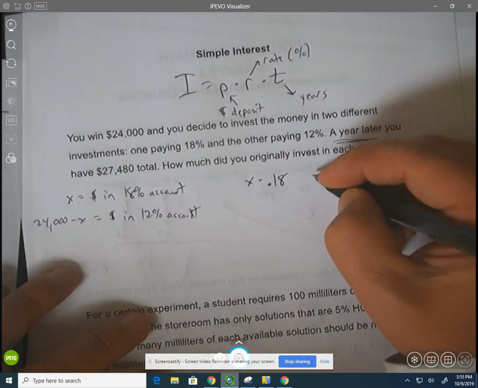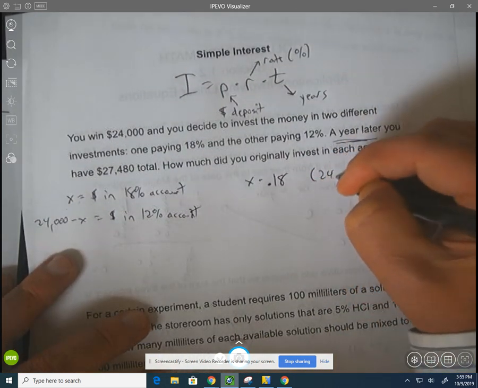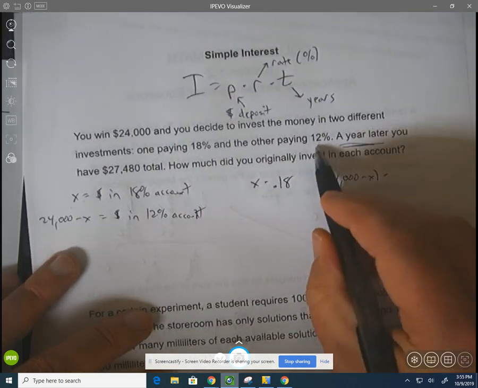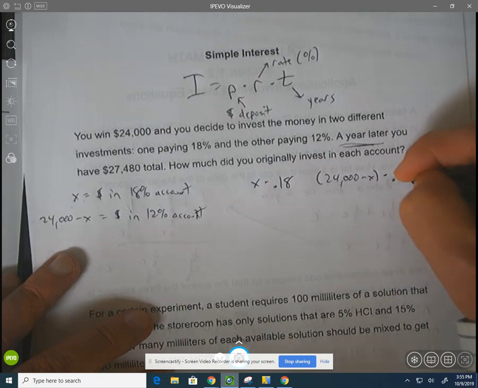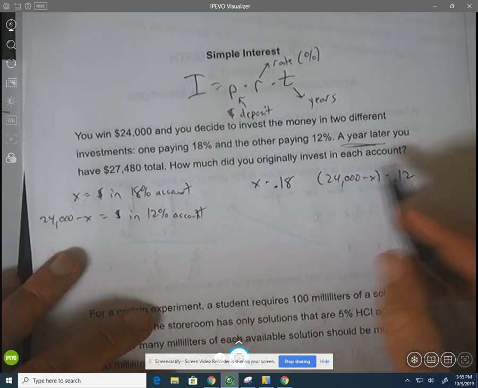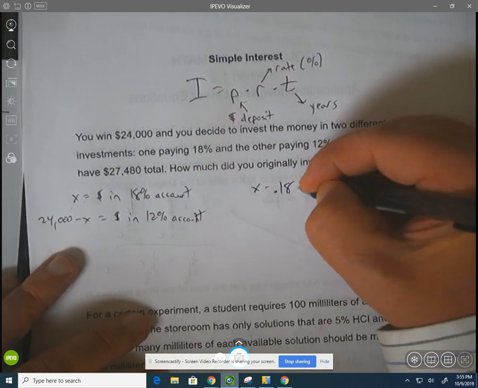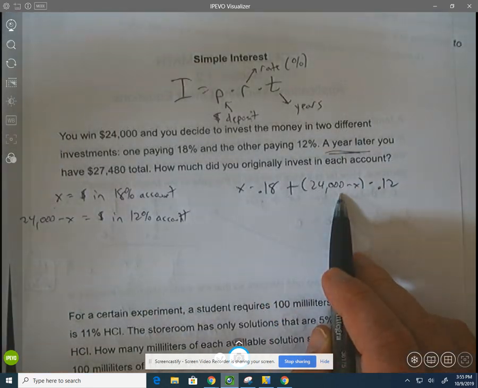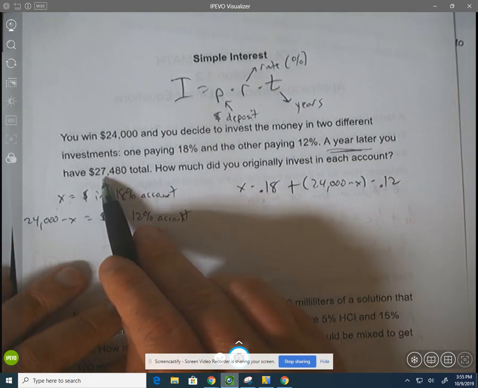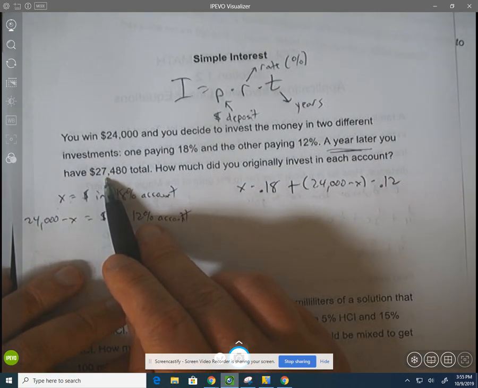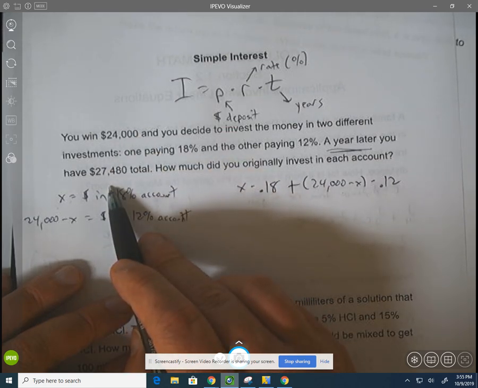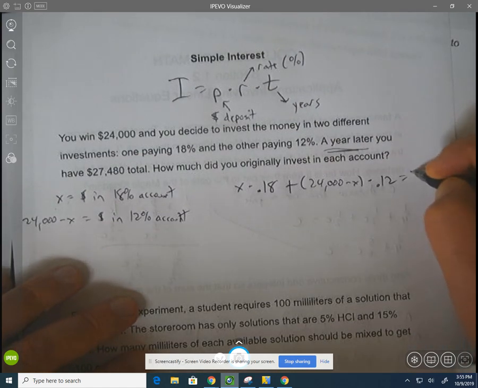Now, the money I made from the second account, principal, would be $24,000 minus X times the rate, 12%, written as a decimal, and times the time, which again would be 1. But those two added together, the amount of money I made from this one and the amount of money I made from that one, would have to equal how much money I made altogether. Now, that's not $27,480, because that includes my original $24,000. The amount of money I actually made would be the difference between these, and that would be the $3,480.